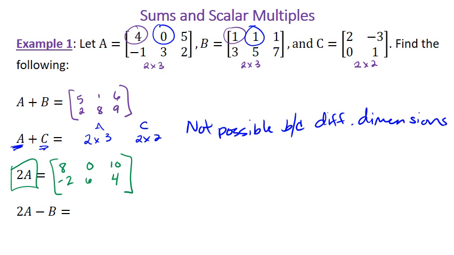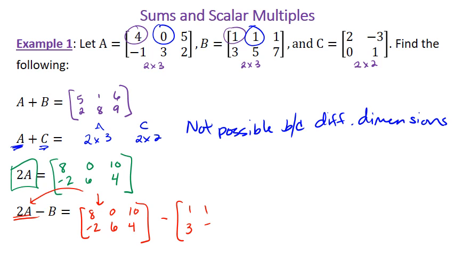Then in this last example, we have 2A, which we just found, minus B. So 2A is this, minus B, which is this. So in this case, we are performing subtraction, so it's important that you make sure each element in matrix B is subtracted.